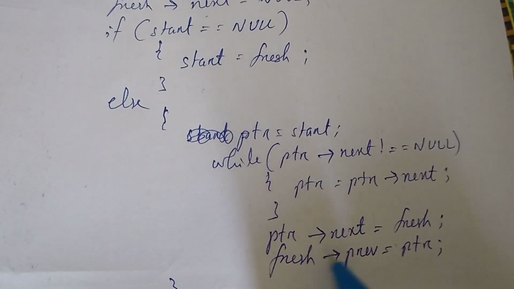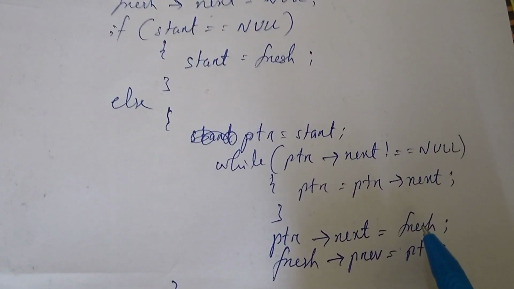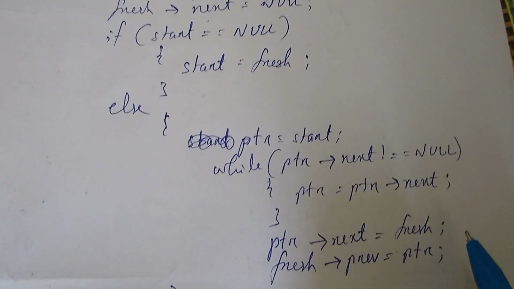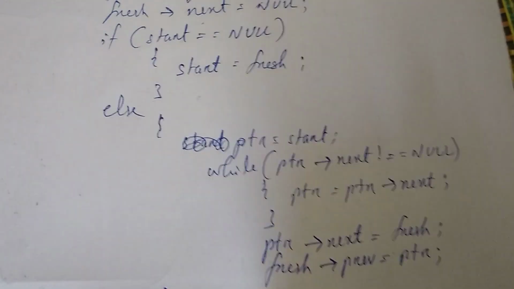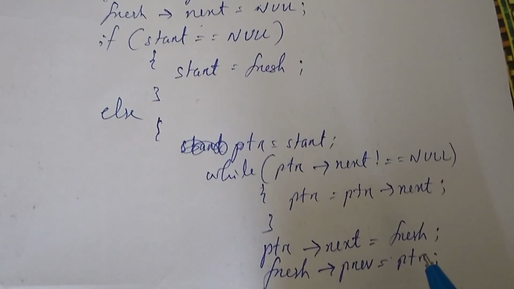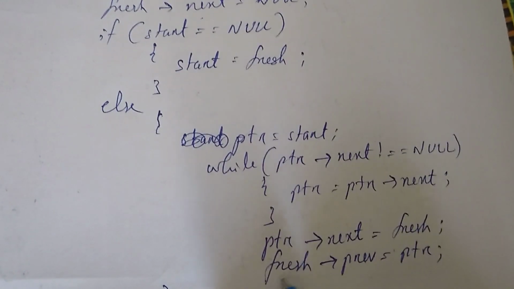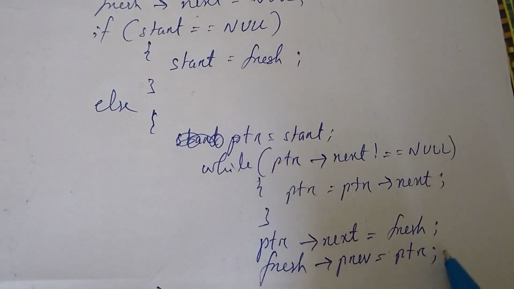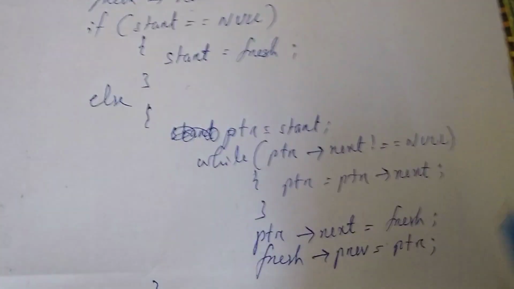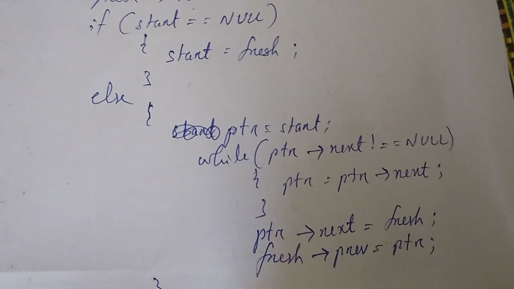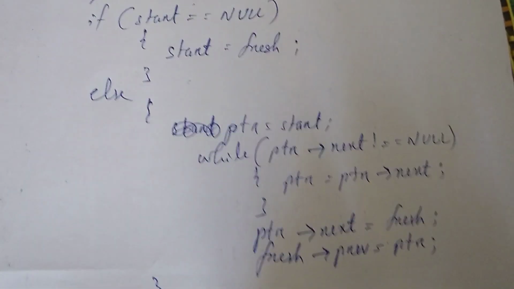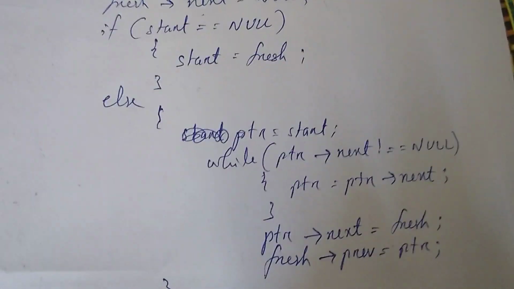Fresh is one node with two link parts, previous and next. The previous should hold the address of the previously present node, so fresh previous will have the address of ptr, and fresh next will be null because fresh is the last node, so no need to change it.